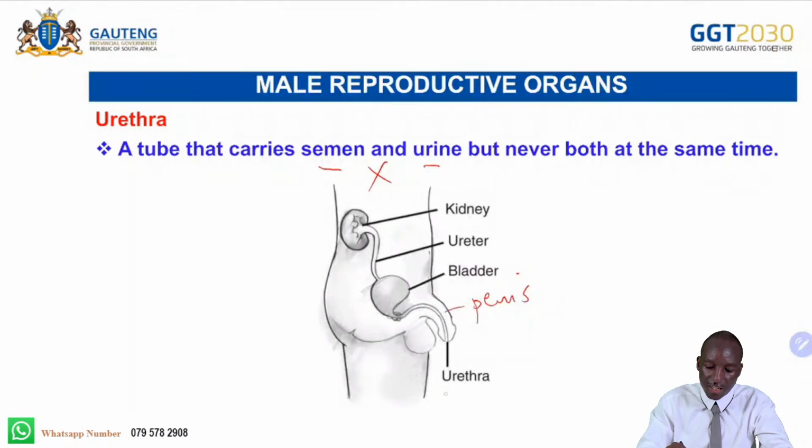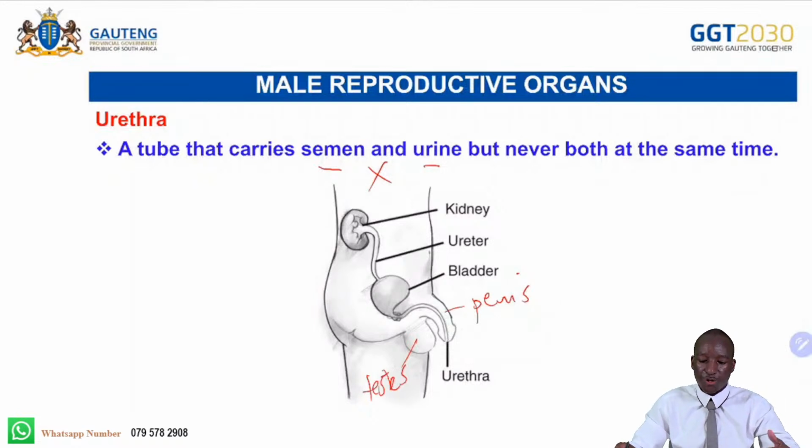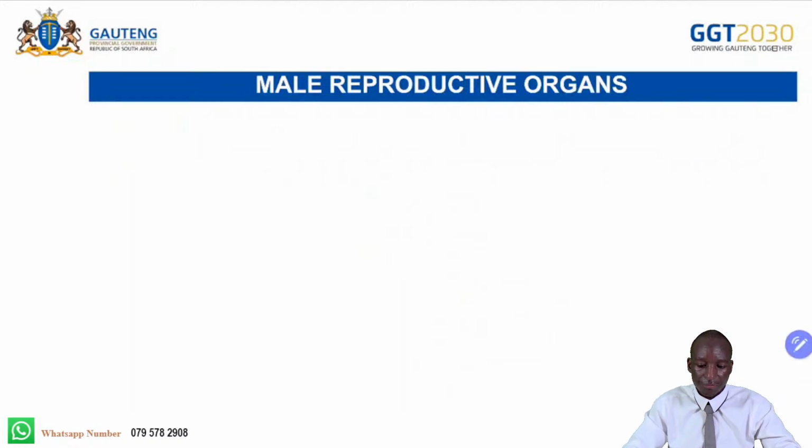Then it leaves the body through the penis there, right. Then when it's time for ejaculation, remember, sperms are produced there in the testes. Now the sperms are released, passed on to the urethra, then they are released. So these do not take place at the same time. Okay, that's the urethra.